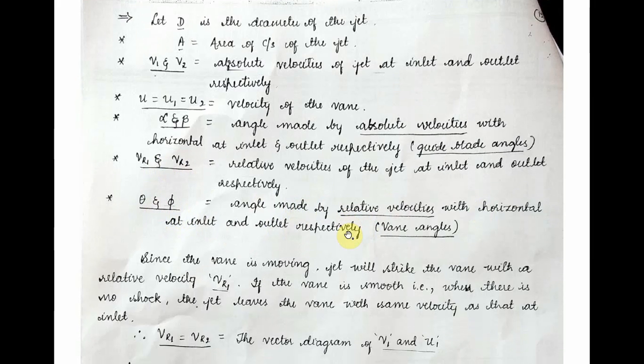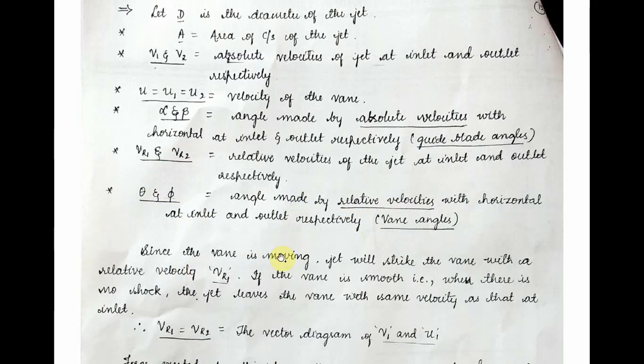Next, since the vane is moving, the jet will strike the vane with a relative velocity Vr1. As it is moving, the impact of water striking that vane is due to Vr1. If the vane is smooth, then there is no shock, and the jet leaves the vane with the same velocity as that at the inlet.